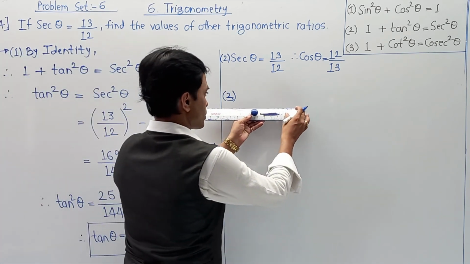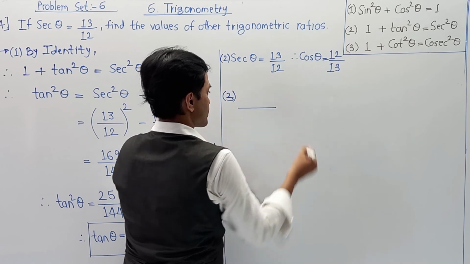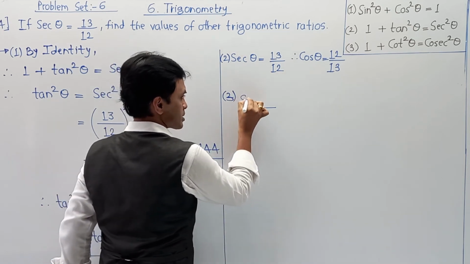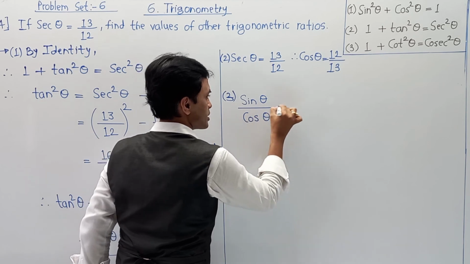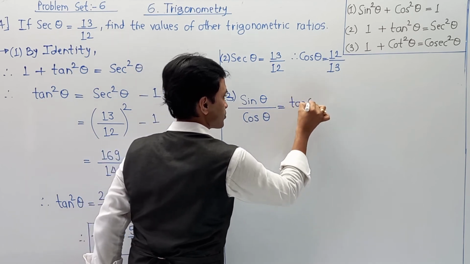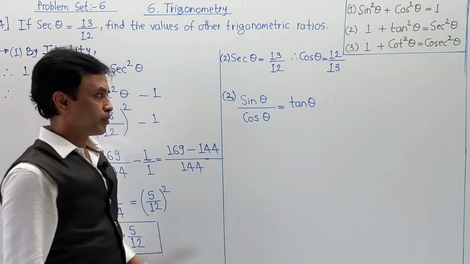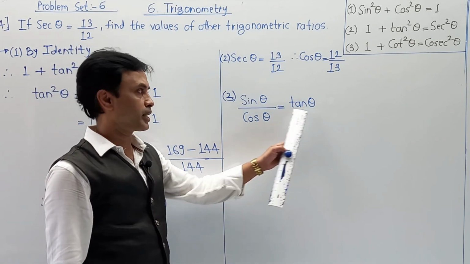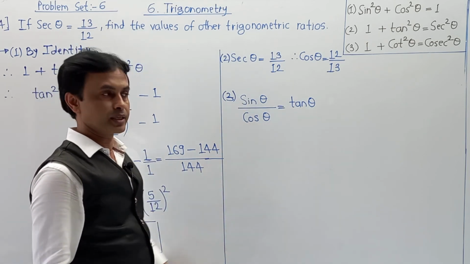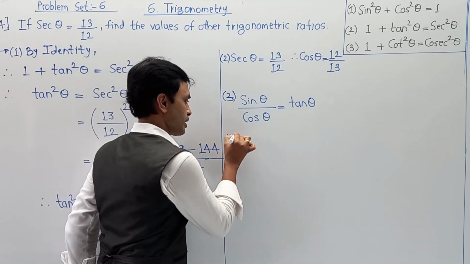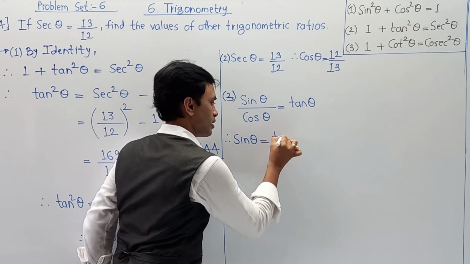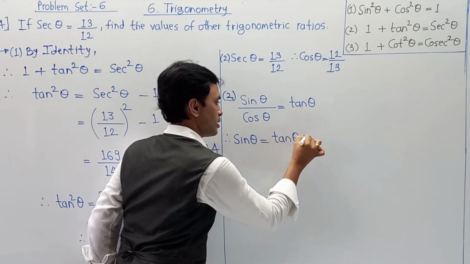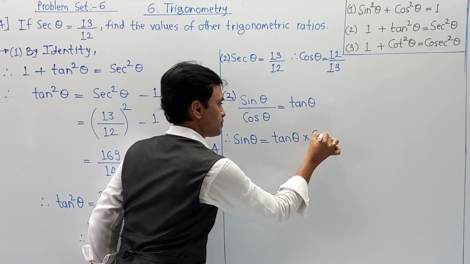So I am using that over here. Now we know the value of cos theta and the value of tan theta, so we can get the value of sin theta. Therefore sin theta is equal to tan theta into cos theta.